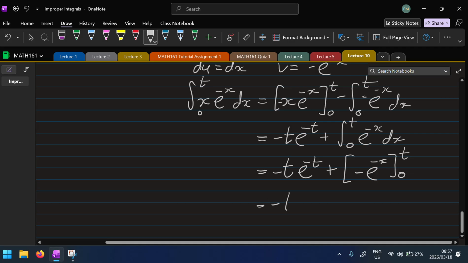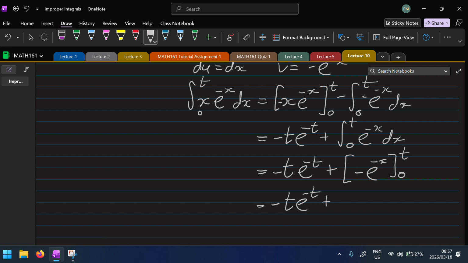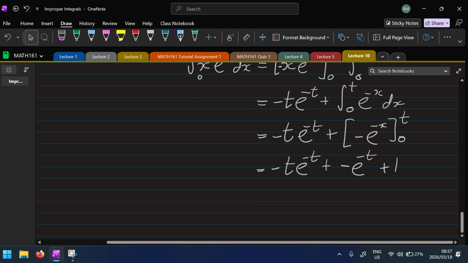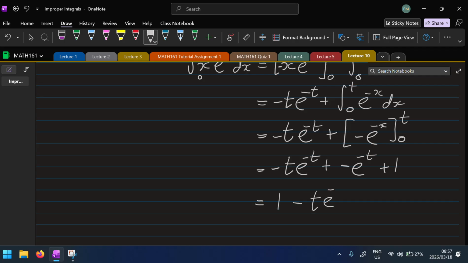So this will be minus t e to the minus t plus, let's substitute t, a minus e to the minus t. Then a minus and a minus will be a plus, so we have a plus 1. Let's rewrite this a little bit: 1 minus t e to the minus t minus e to the minus t.